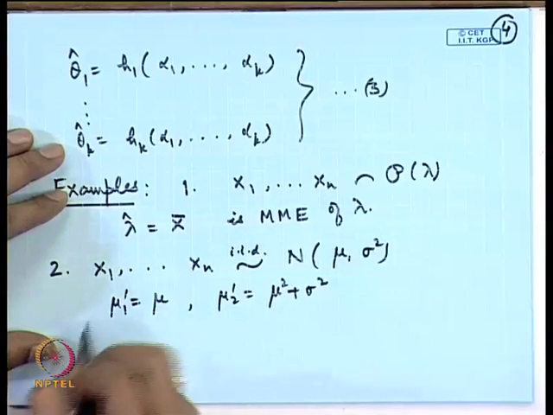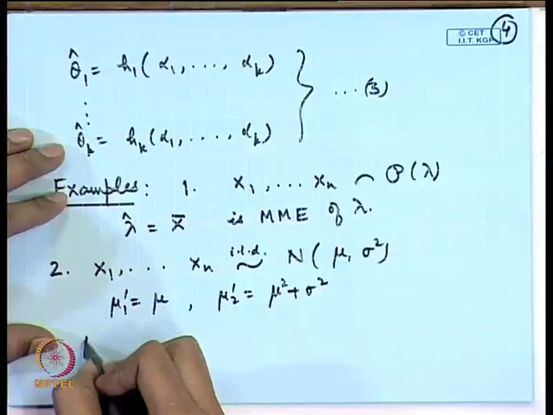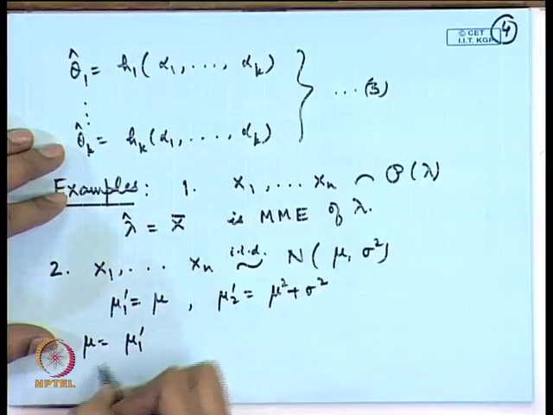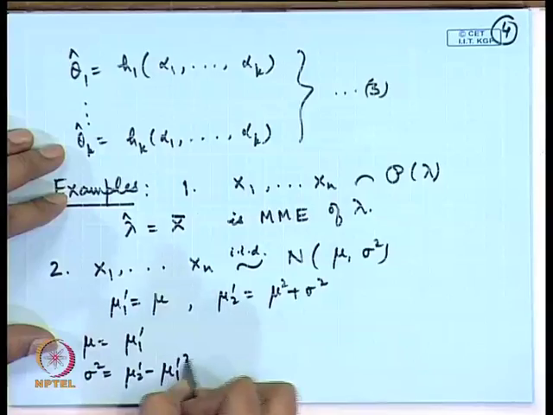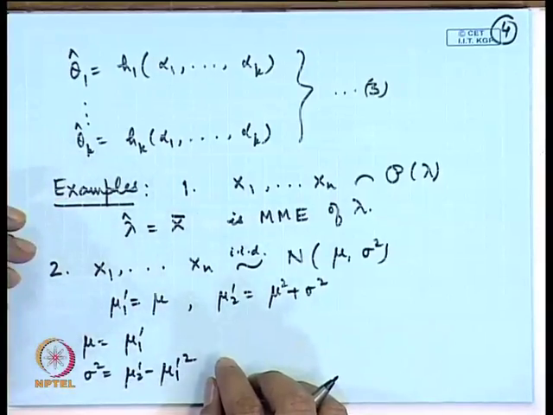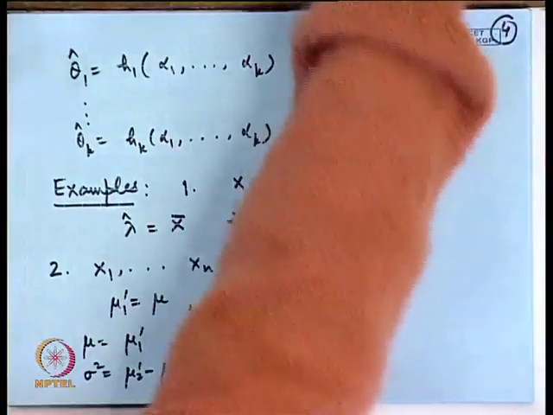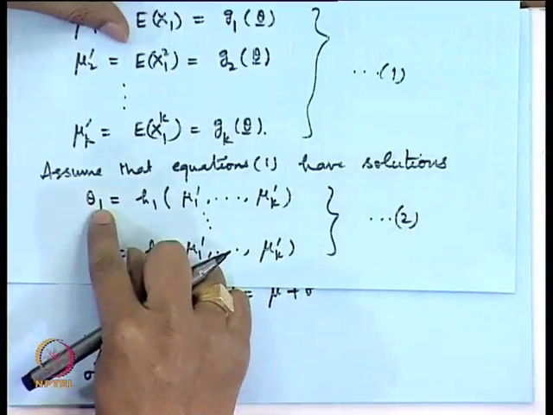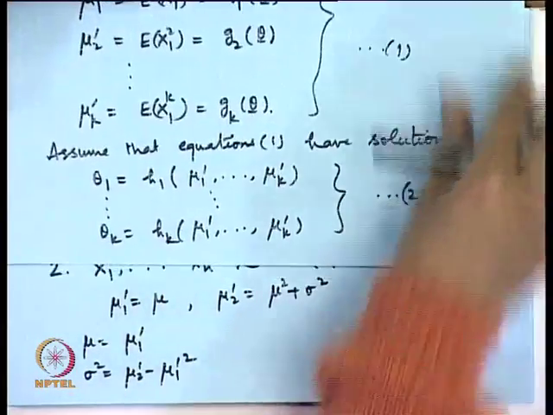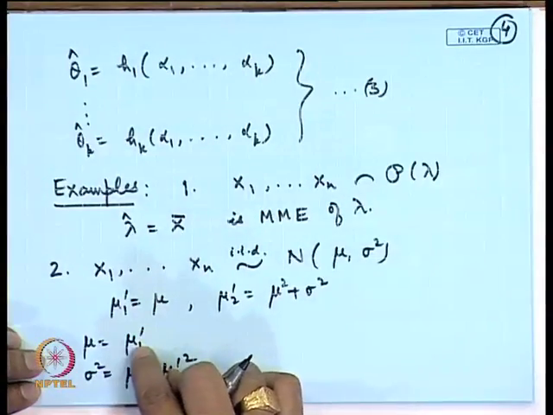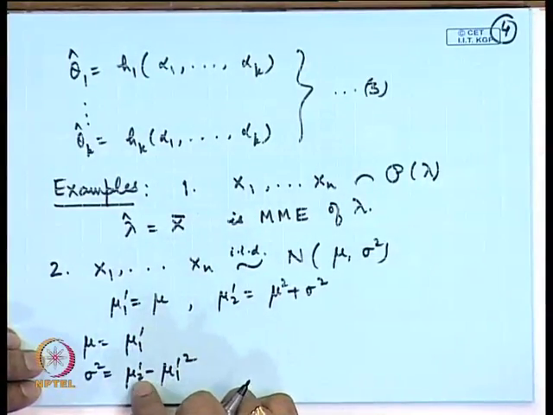So, if we solve this, we get mu is equal to mu 1 prime and sigma square is equal to mu 2 prime minus mu 1 prime square. So, this is the system which is equivalent to this system, that thetas are written in terms of the mu i primes. So, now we substitute alpha 1 for mu 1 prime and alpha 2 for mu 2 prime.